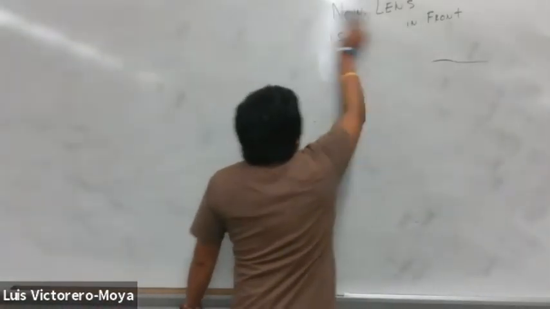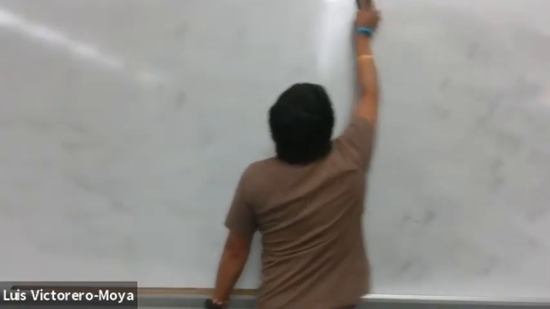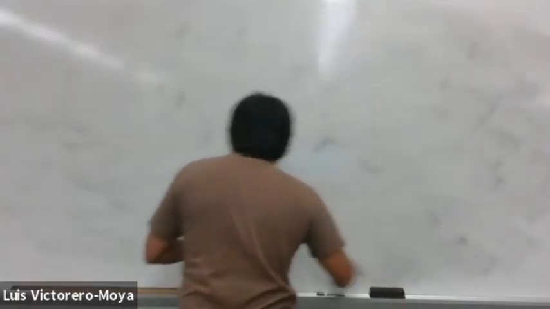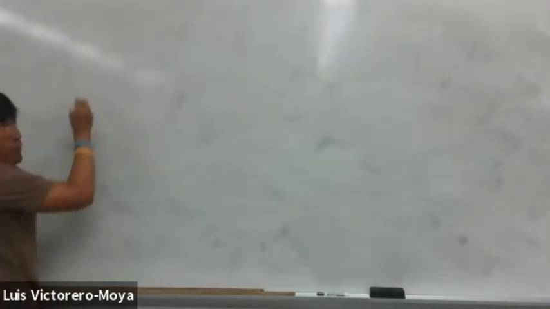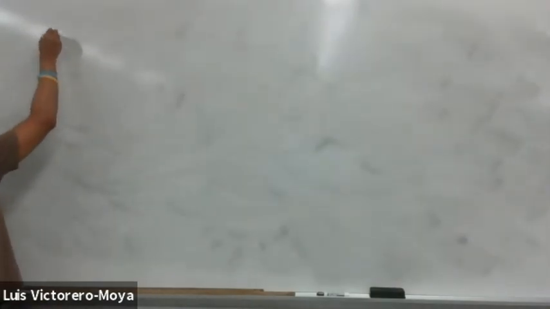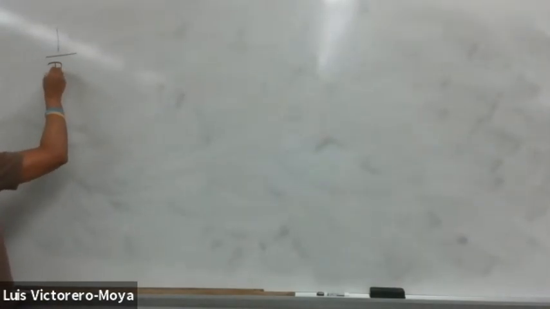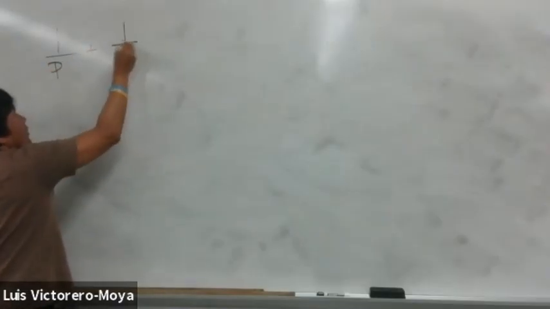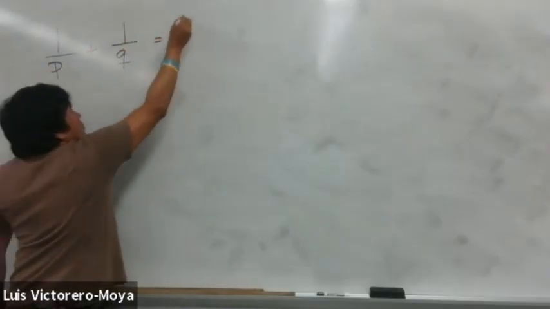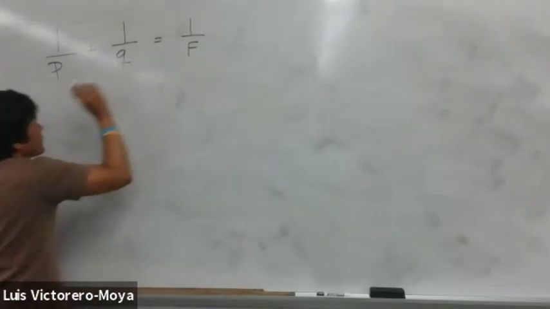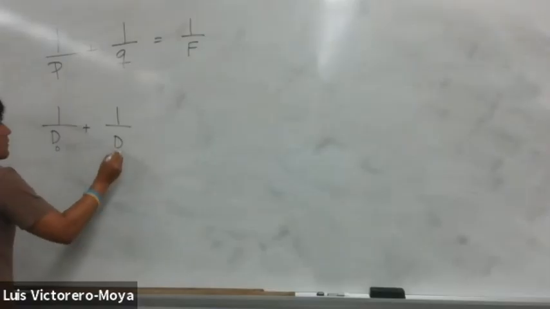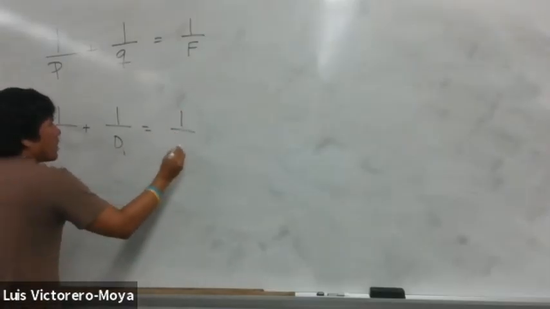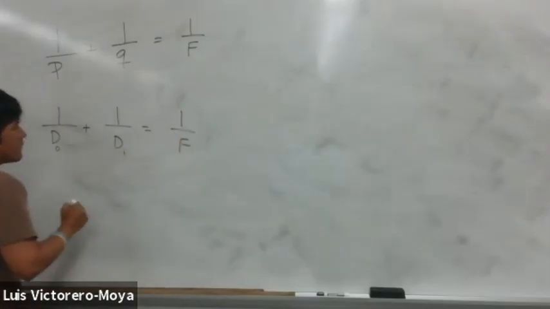Be careful with the units. Oh, by the way, let me show you something that is pretty interesting as well. The lens equation is, as you know, 1 over P plus 1 over Q equals 1 over F. Or in the lab, we had a different form.